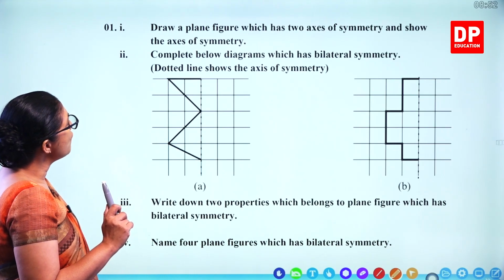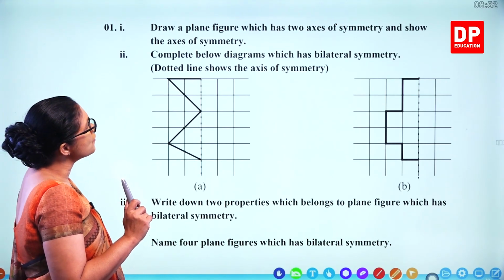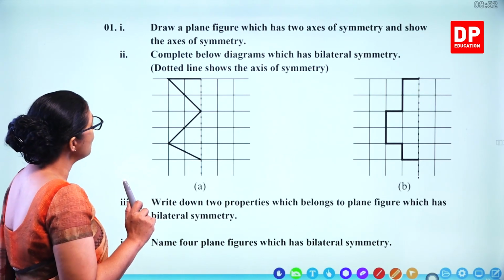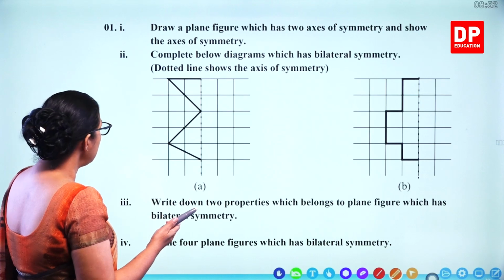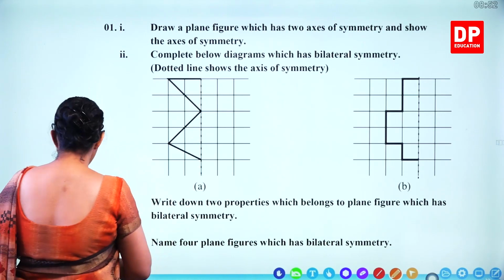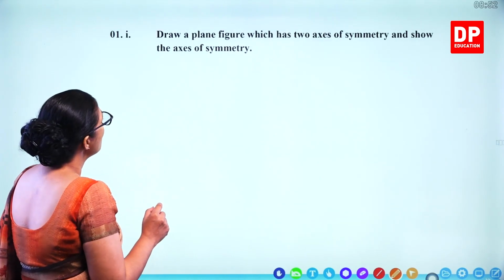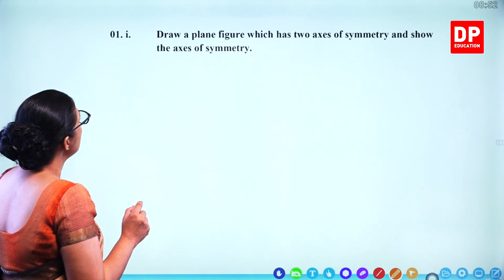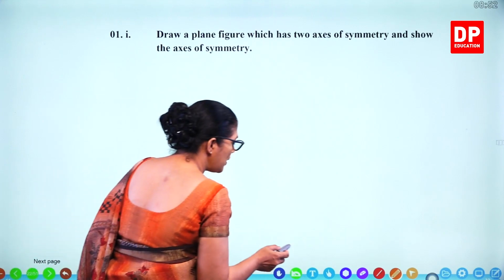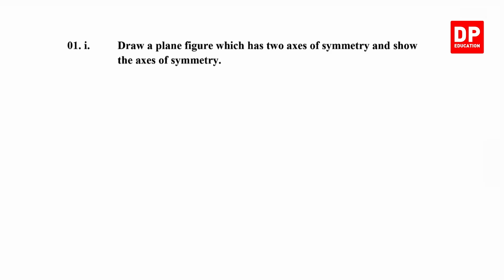Draw a plane figure which has 2 axes of symmetry and show the axis of symmetry. So we have to draw the diagram and complete the given one. So let's do it separately. We'll take the ruler, and 2 axes of symmetry are there.